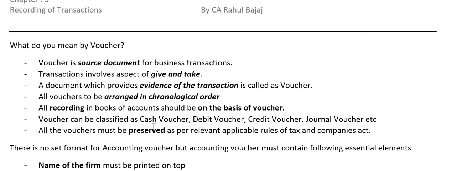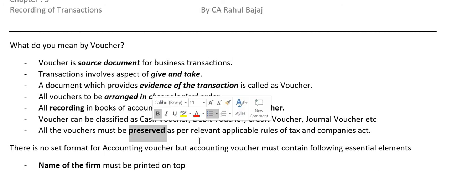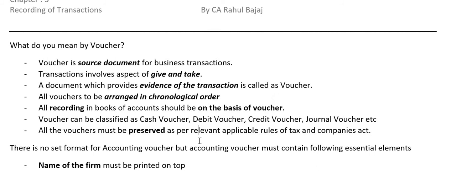Vouchers can be classified as cash voucher, debit voucher, credit voucher, and journal voucher. We'll see the detailed definitions of these vouchers in the subsequent part. All the vouchers must be preserved. Basic records must be preserved as applicable under the relevant tax and companies law.